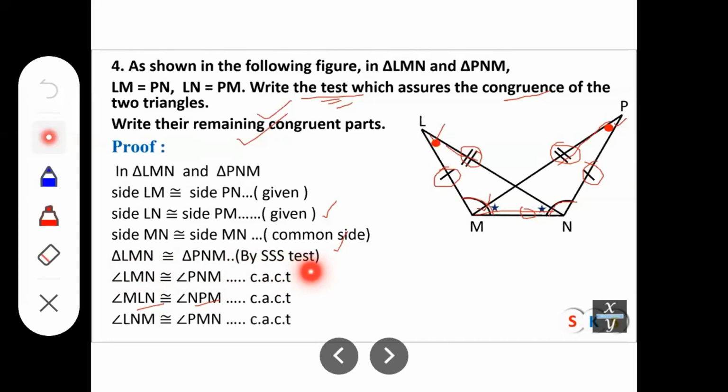Now, for the three angles, we have to write the corresponding angles and their congruency.